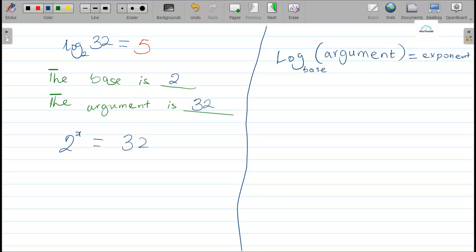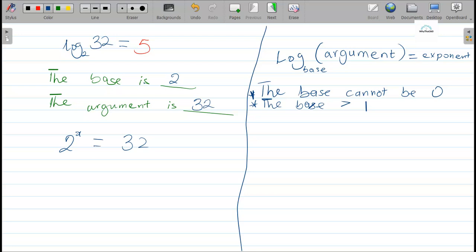The base can never be 0. The base must also be greater than 1.